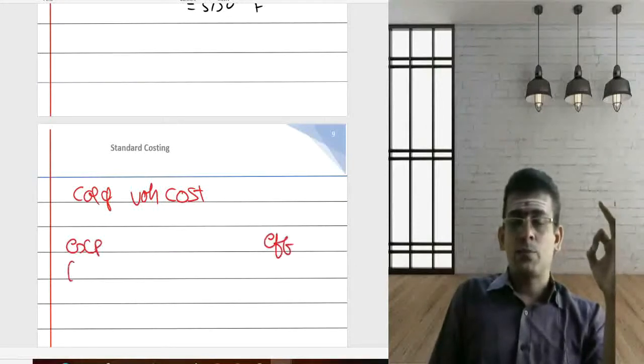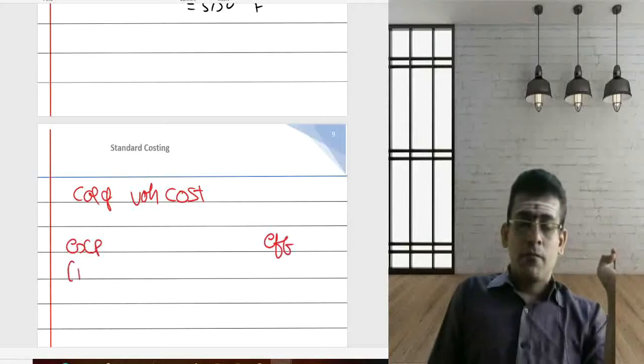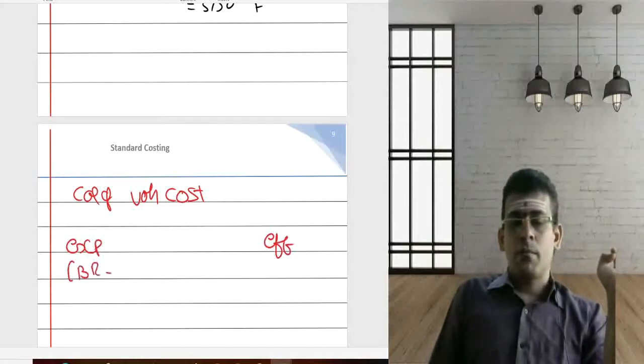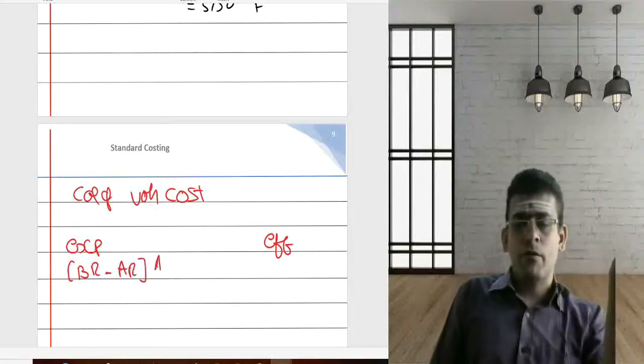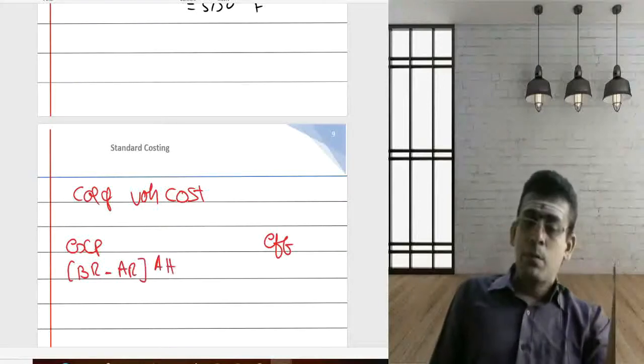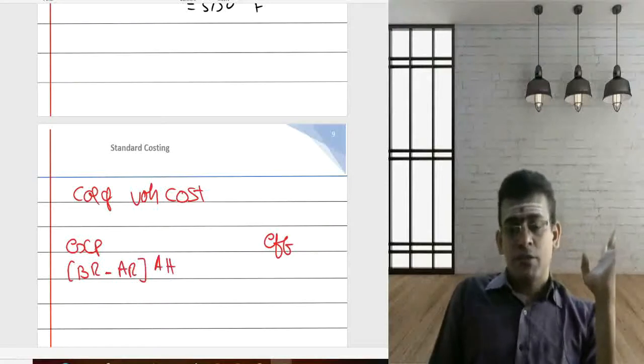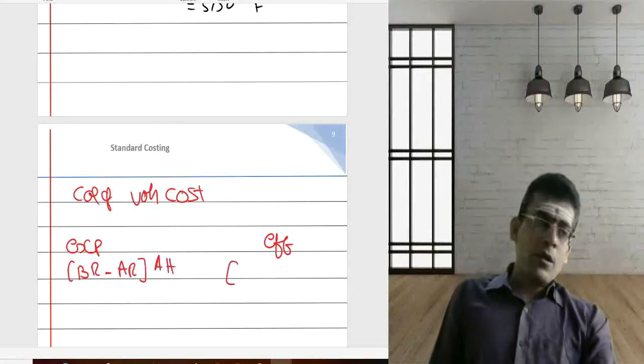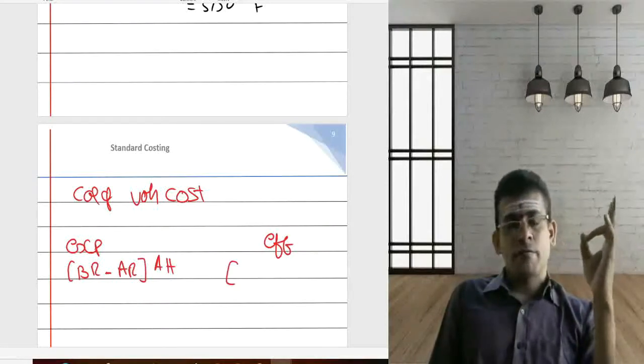How do you calculate your expenditure variance? Same. Difference in rate. Budgeted rate minus actual rate into what? Actual. It's the same formula which you applied for your labor, you are going to apply. Efficiency variance, same formula as for your labor, same formula as for your fixed overhead efficiency variance.